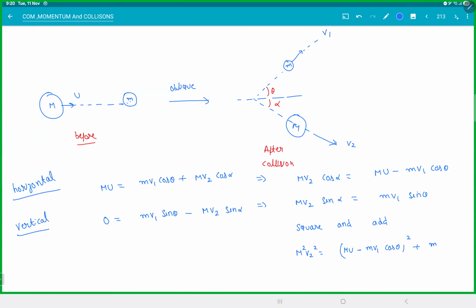There are other ways to do also. You can stand in the center of mass frame and do, but okay. You get this thing, right? You can expand this further.